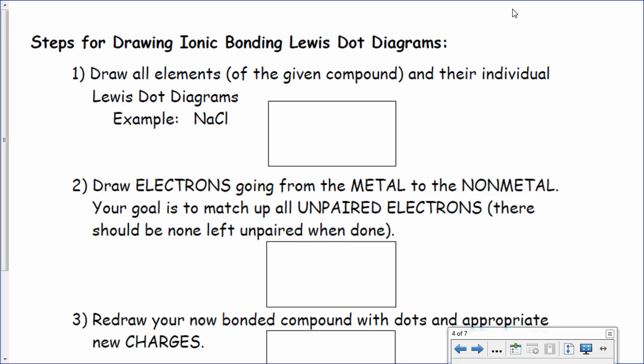So here are the steps. I'm going to have to draw these on the board as we go. The first thing we have to do is draw all the elements of the given compound and their individual Lewis dot diagrams. For this example, we've got NaCl. So you start out with the elements as they are. Sodium, checking the periodic table here, has one valence electron.